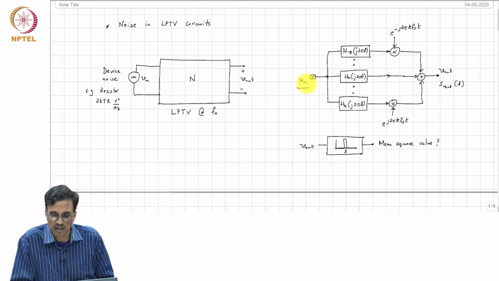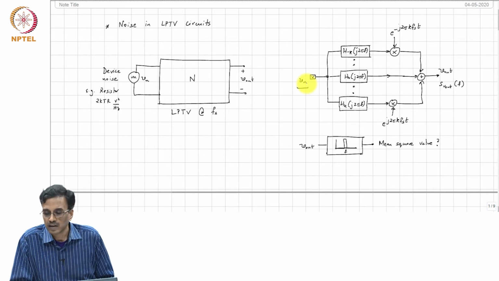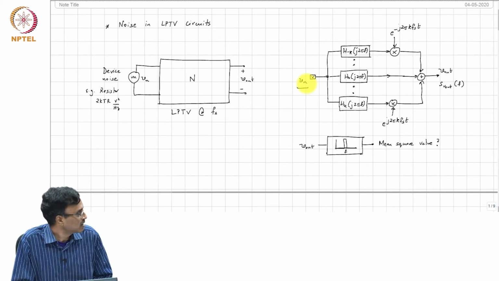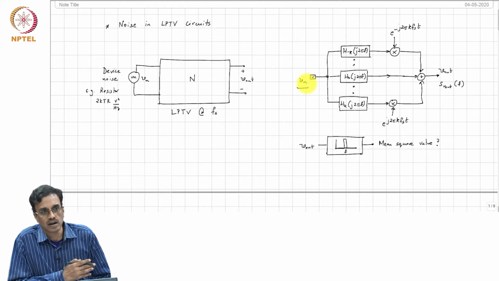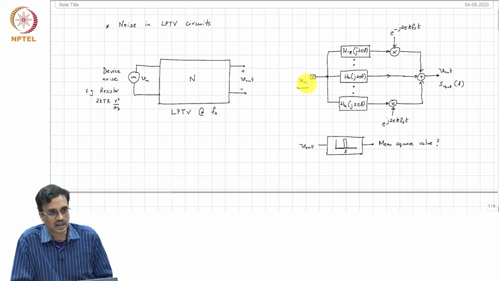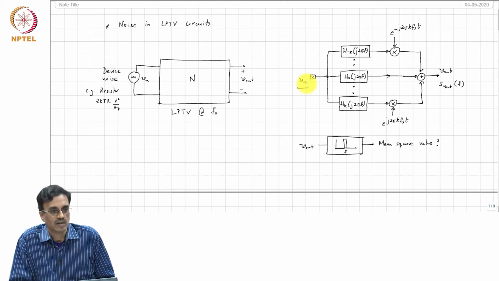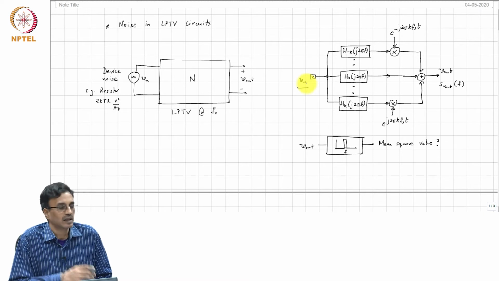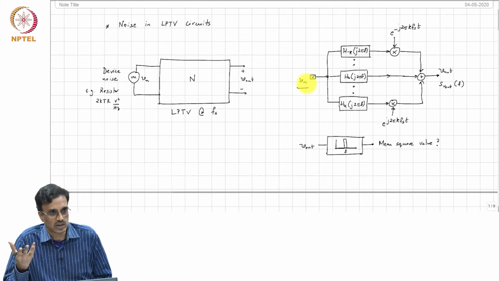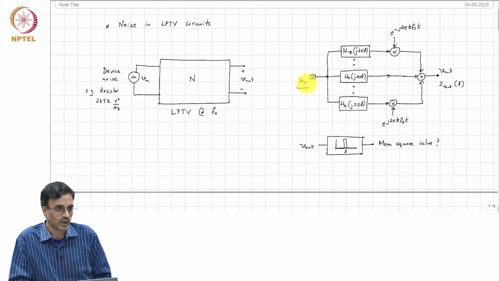Such a noise is called stationary. Now, if you take a stationary random process and process it through a linear time invariant system, the gain of the time invariant system does not change with time, so the output noise is also stationary; its properties do not change with time.